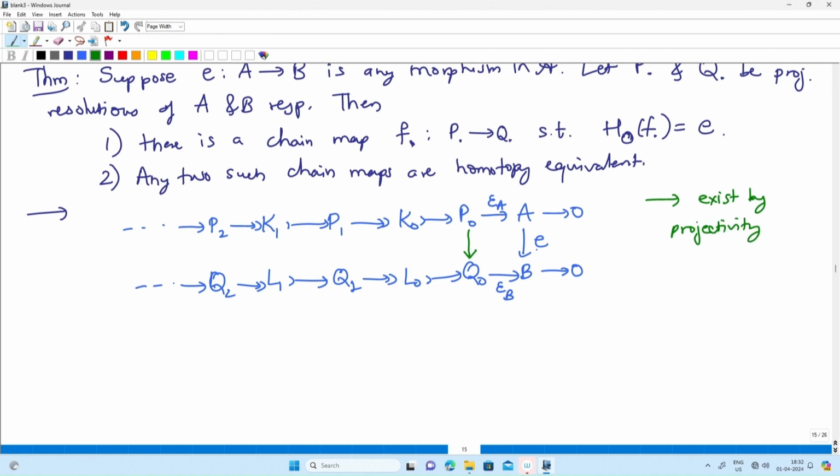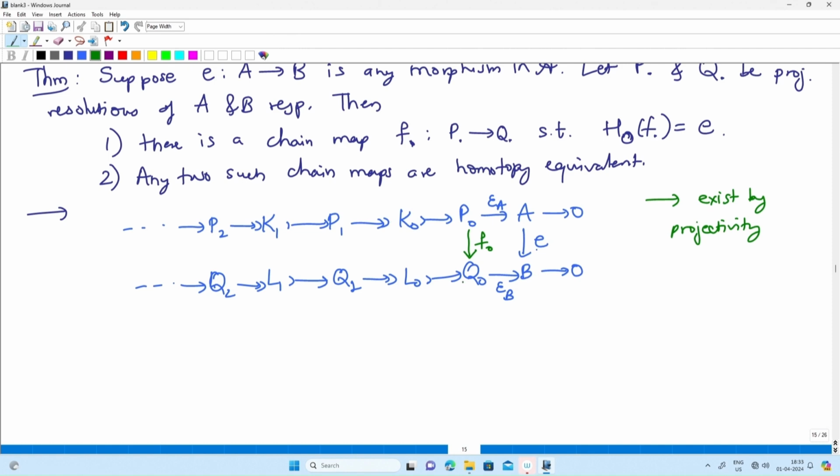Okay. Now, it's not just this. So let us call this F0. Now what happens? See this. K0 to P0 to A. That composition is 0 because K0 is precisely the kernel of epsilon sub A. So therefore this composition is 0. So if you go along E further, then that is also 0.